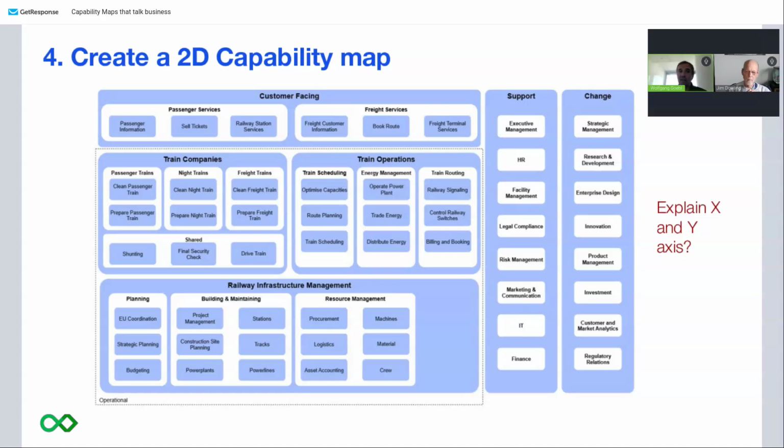You can't sell tickets if you can't run trains, and you can't operate trains or route the trains if you don't have a railway infrastructure in place. So use the y-axis to show dependencies, use the x-axis to show different product groups like passenger, night, and freight trains, or to use time. So you have those dimensions, and that's sometimes tricky to find. And there's not the one perfect way.